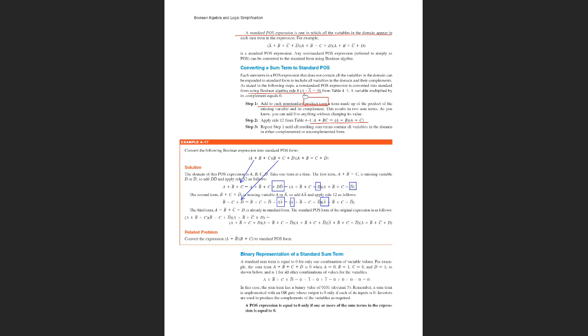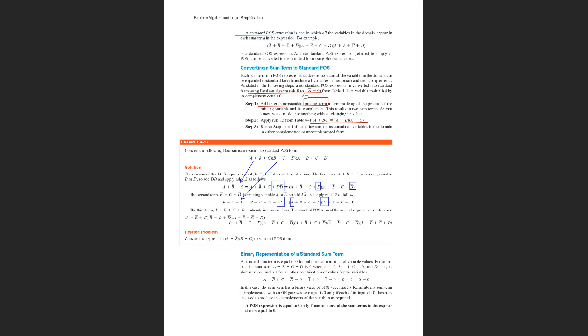Now applying rule 12, we expand this expression into A plus not B plus C plus D, in brackets, times the same A plus not B plus C plus not D. And this is the way we artificially introduce a missing variable to the expression.